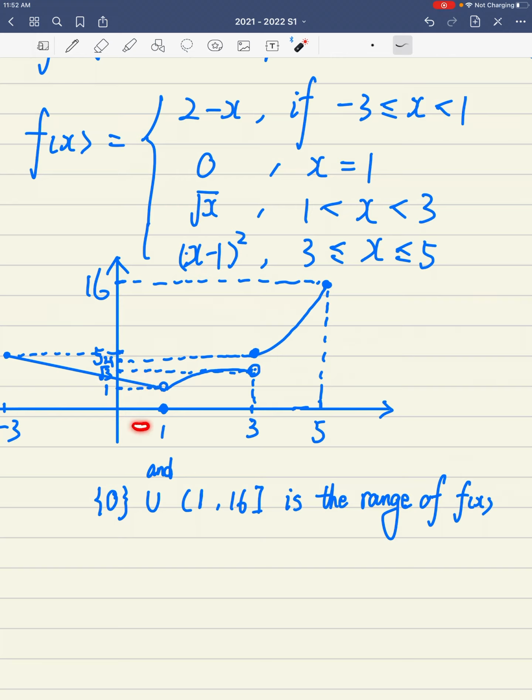If it's 1 positive, that means it's only approaching 1 from the right-hand side. If nothing, if just 1, that means it's approaching 1 from both sides. It's a very important thing.